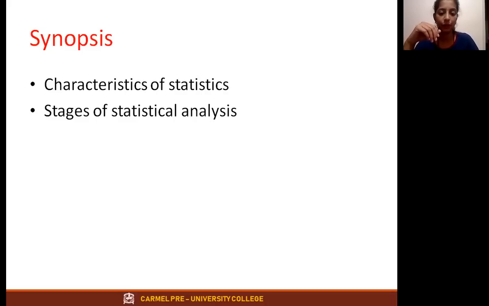So these are the few things we have studied, as well as coming closer to the subject, that is statistics. We have studied the meaning of statistics. Statistics in general we can call numbers. Correct? The numbers we have, that itself is statistics. But you can ask me now, can a single number be called statistics?